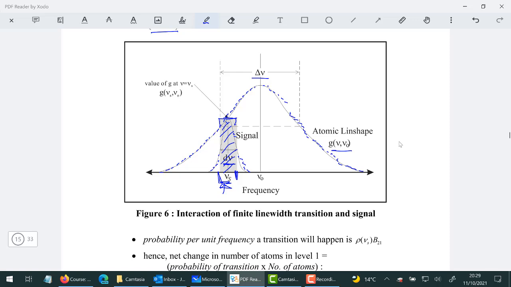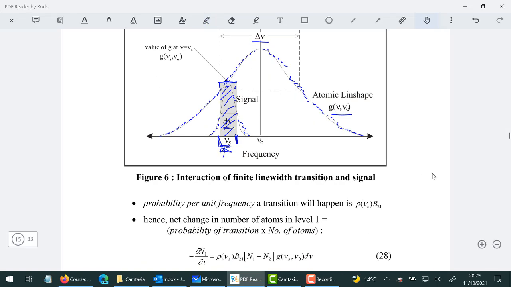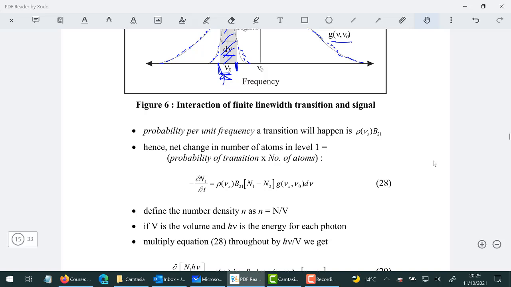Remember these things all depend on frequency, and the probability per unit frequency is given by the radiation density times the Einstein coefficient. So the equation that we had above, instead of just having n1 minus n2, we now have to multiply it by the line shape function of the signal, because only that number of atoms will be able to actually interact with our signal.